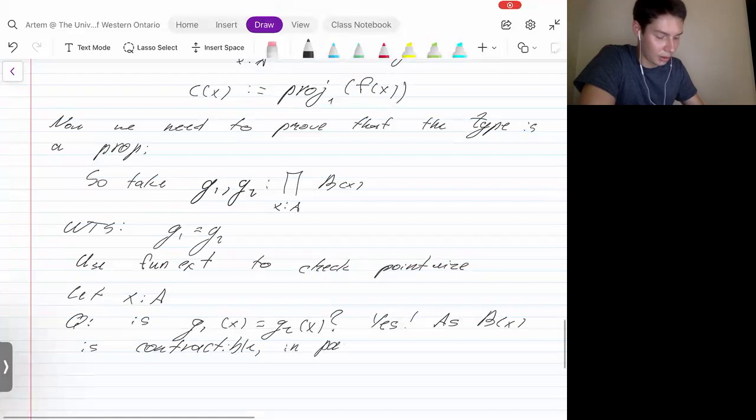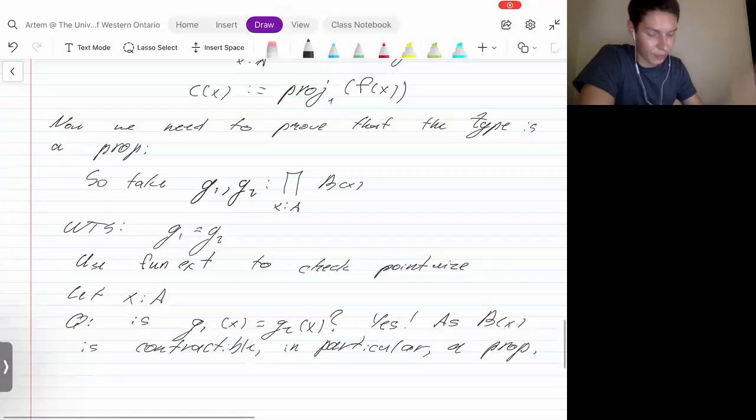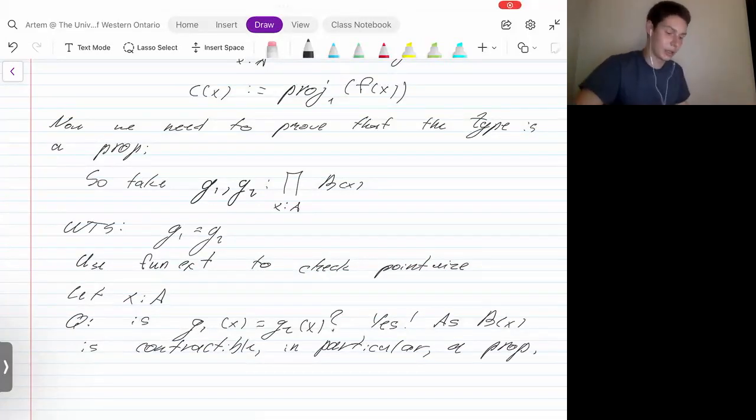In particular, it is a proposition. So all of its elements are going to have an inhabited identity type.